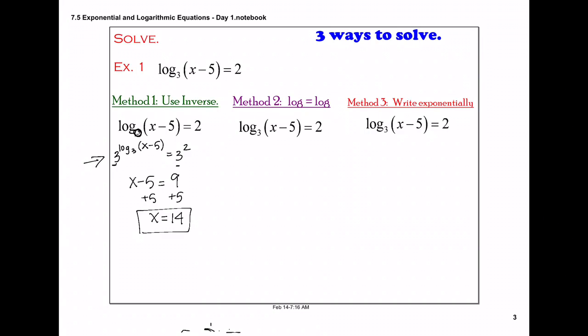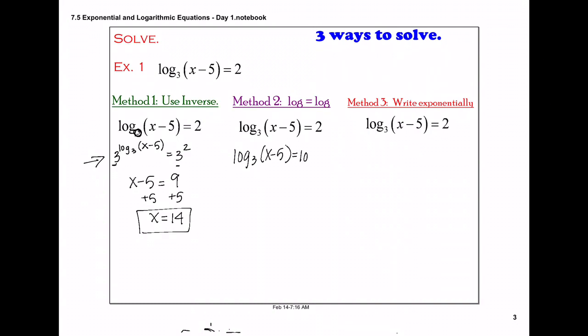Method number 2 is called log equals log. So if we have log with a base 3 of x minus 5 is equal to 2, I can rewrite log with a base 3 of x minus 5 on the left-hand side.